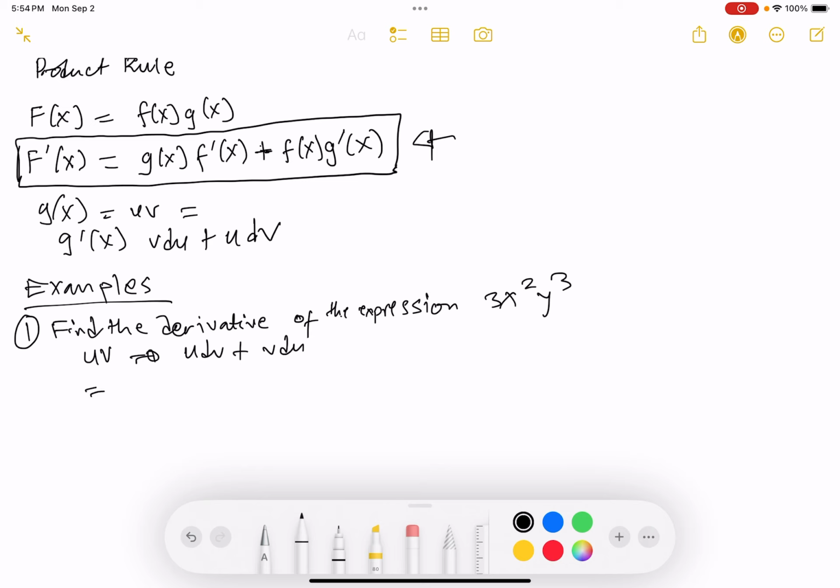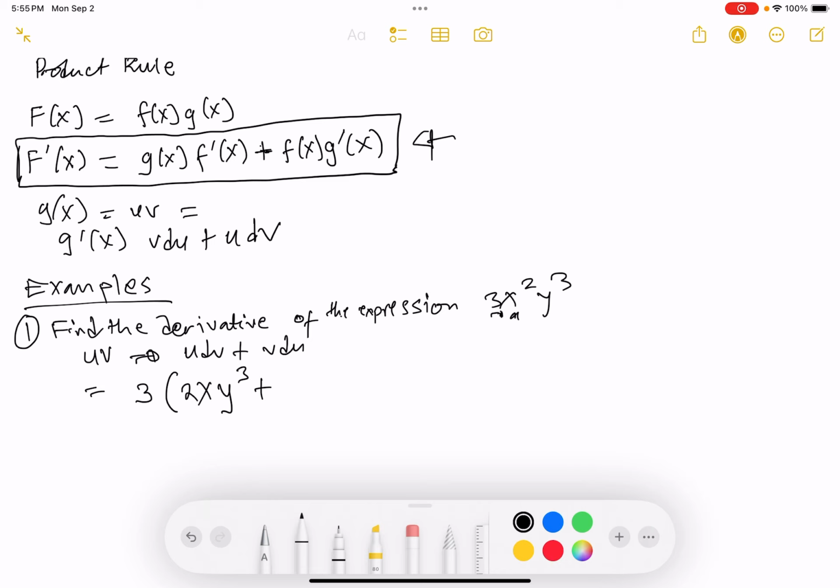So in this particular case, the derivative of that expression would be 3, open parentheses, because the 3 applies to all of them since it's in front of all of them, times 2x times y cubed, because now we're differentiating with respect to x and holding y, plus now you want to hold x and differentiate with respect to y.